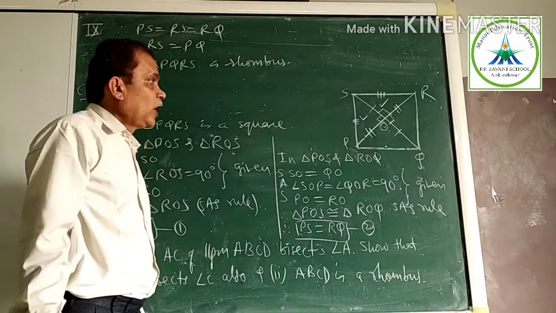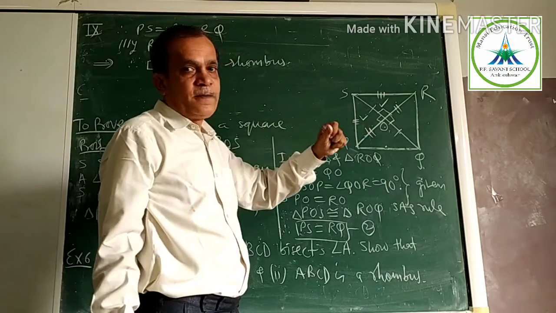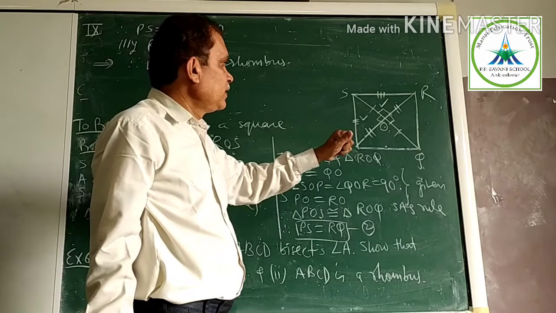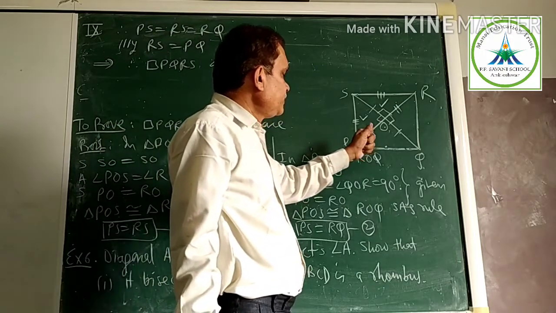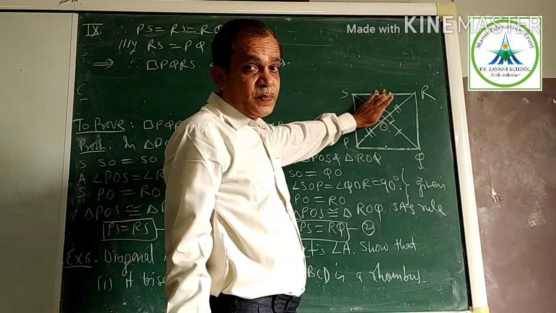Got it? Now which two triangles should be taken so that we can prove this? Very important, students are forgetting here.